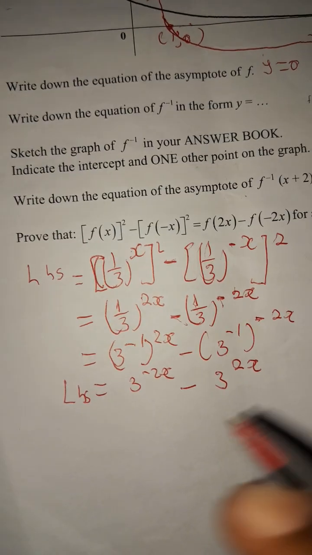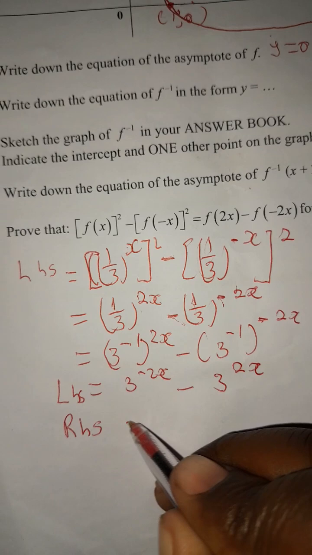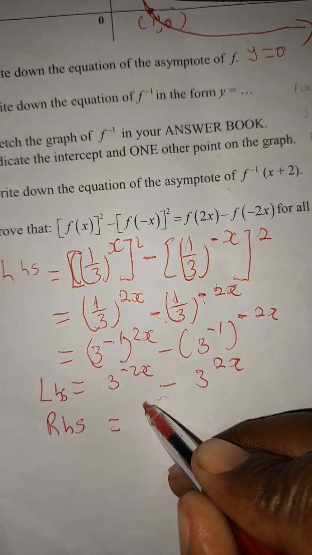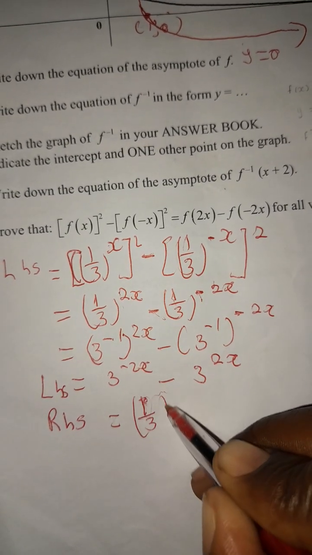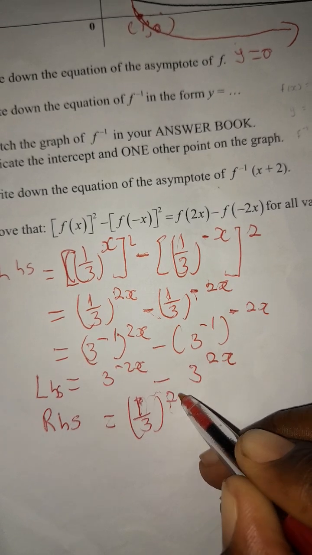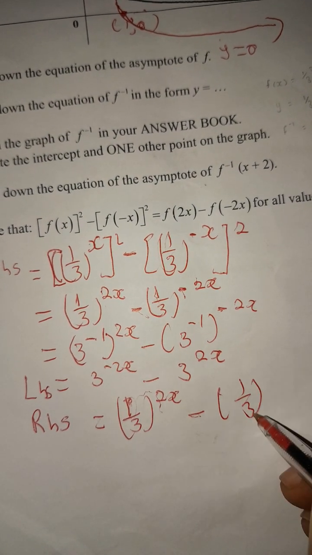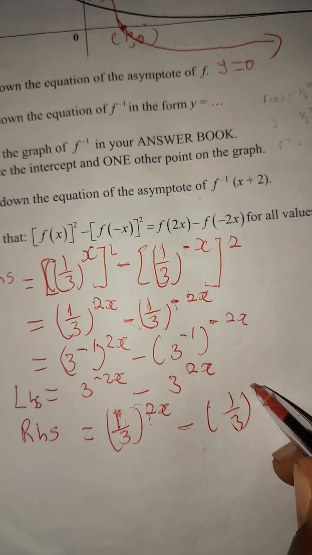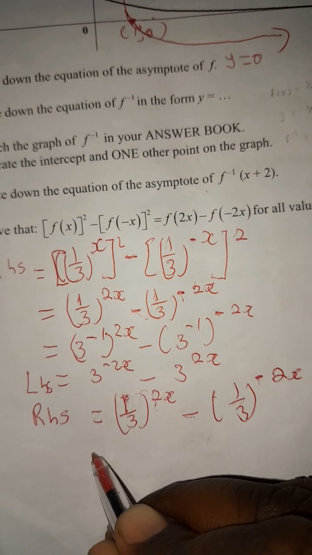Now let's work out the right hand side, guys, so that we are on a safe side. So the right hand side, f of x, remember, we are given as 1 over 3 to the power. Where there is x, replace it with 2x, and where there is x, you replace it by -2x. Okay, so let's work it out.